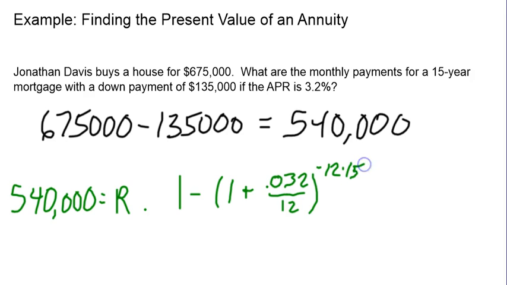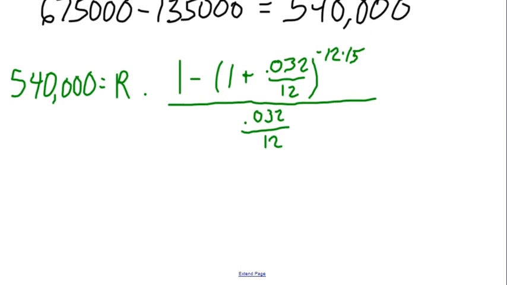So we have our monthly payments of 12. There's 15 years, so we're multiplying those. Those are all divided by I, which is 0.032 divided by 12. Okay. So again, in this case, order of operations is going to be very important.